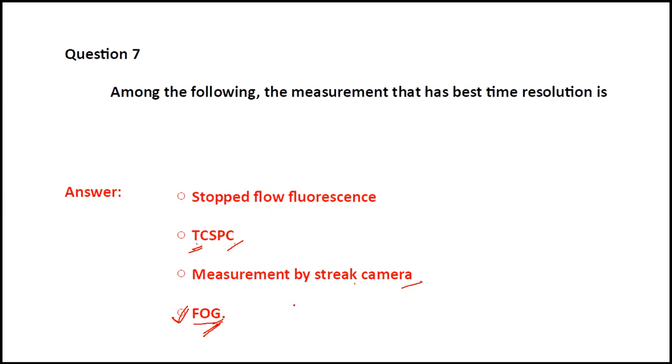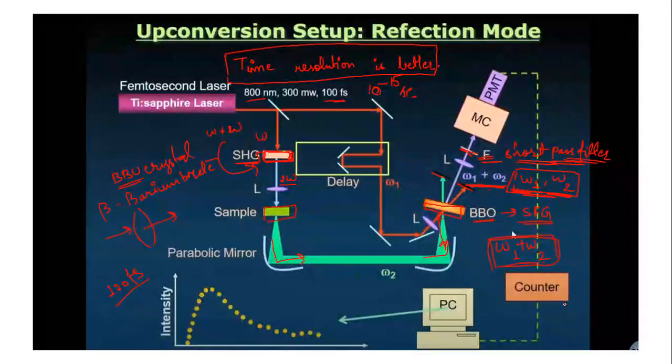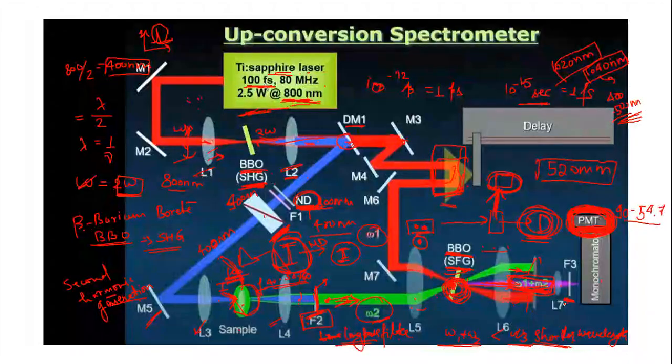FOG stands for fluorescence optical gating. And if you are confused with the name, this upconversion spectrometer and the FOG are both the same thing.